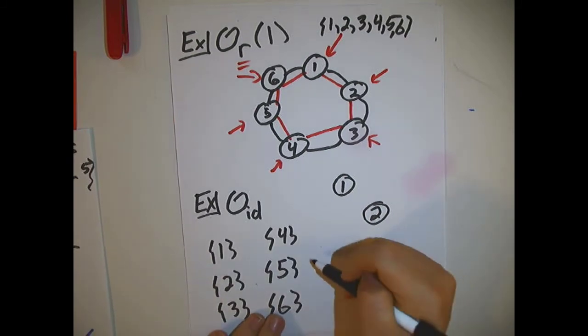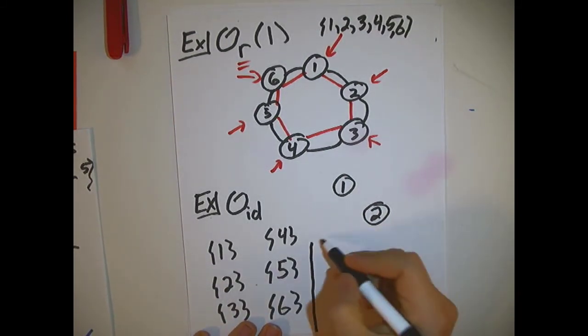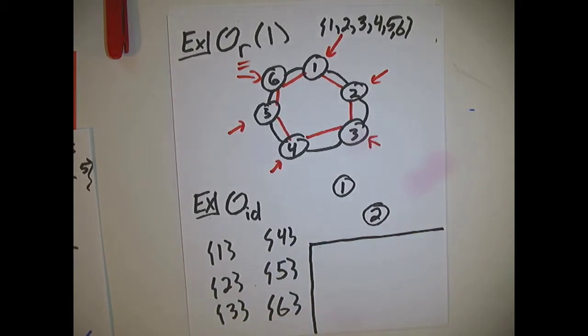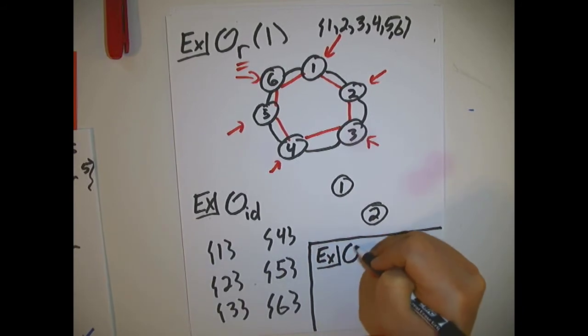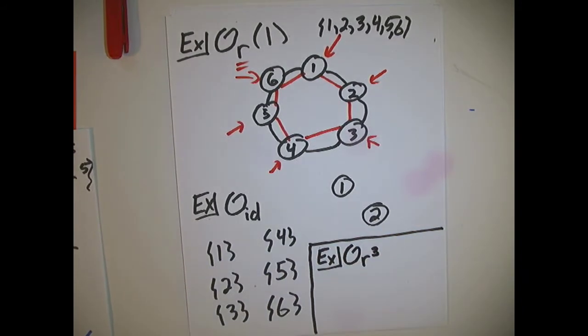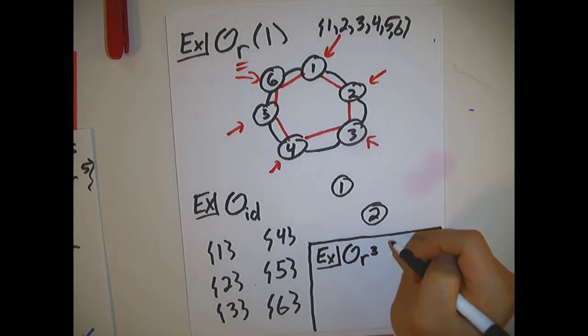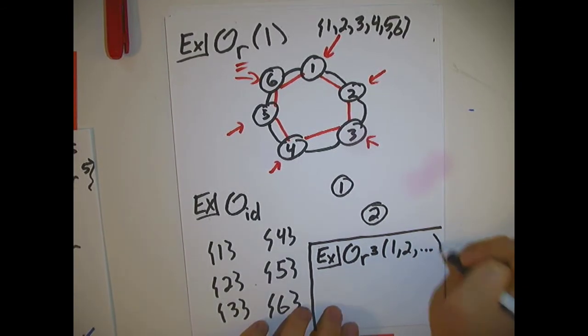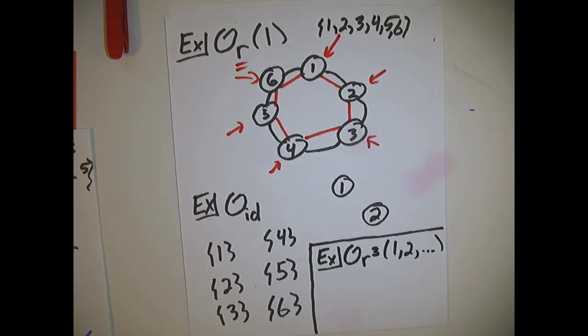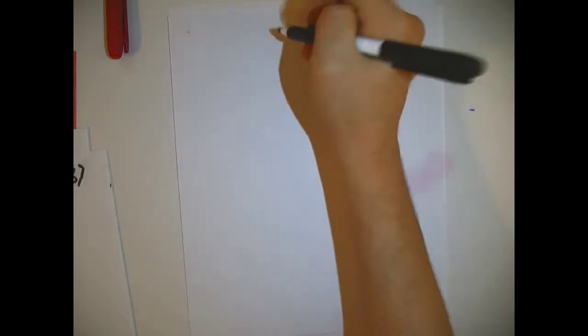Okay. Last up, and you probably want to pause and make sure you're happy with what's going on before I spoil this one for you. But look at what O of r cubed is. And look at what the orbits of these are for 1 and 2 and so on and so forth. Okay. Assuming you've done that now, I will ruin the surprise for you.